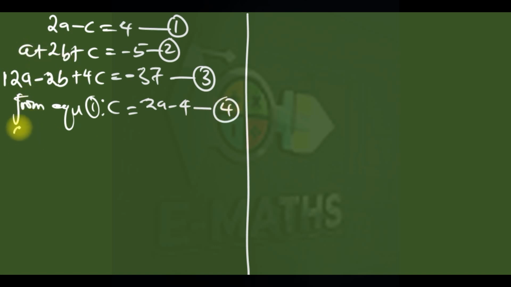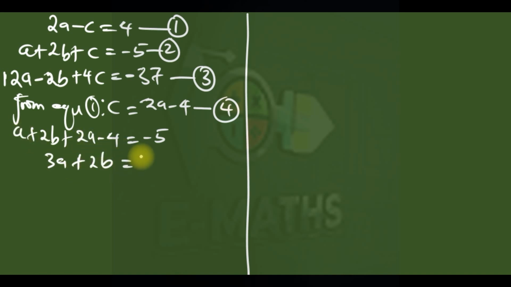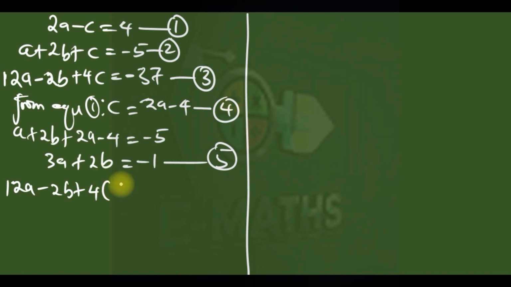So we have a plus 2b plus c, where c is 2a minus 4, equal to minus 5. We solve this: 3a plus 2b is equal to minus 1. Let's call it equation 5. And 12a minus 2b plus 4 times 2a minus 4 is equal to minus 37.